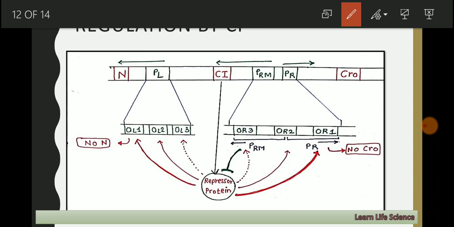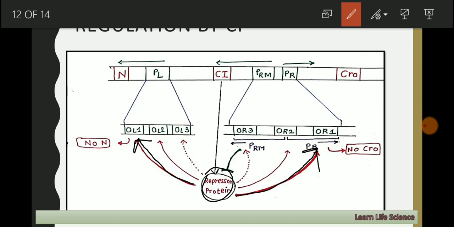Now the pathway follows that C1 repressor binds with higher affinity to the first operators. Okay, for example, C1 is synthesized initially in the cell, which means it is present in low concentration in the cell.